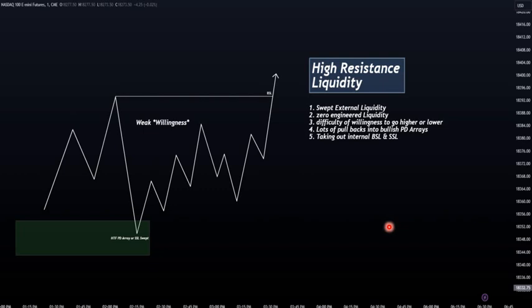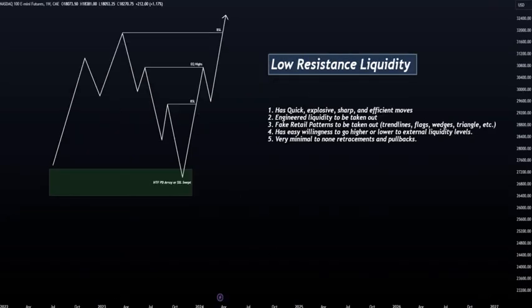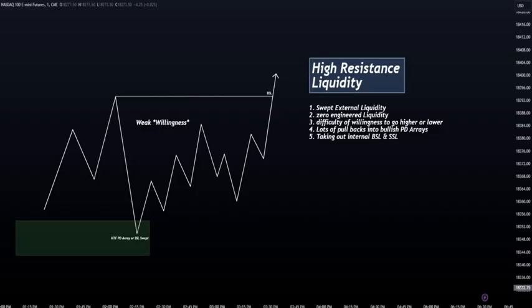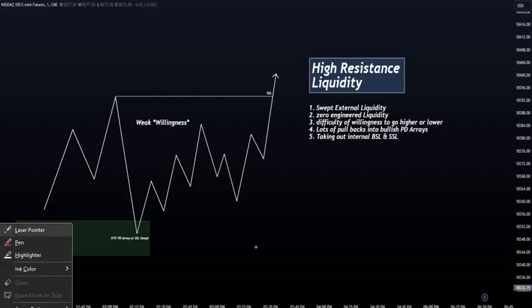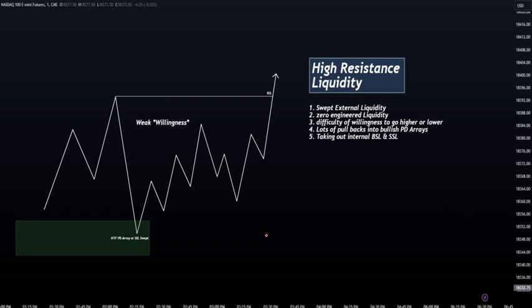Now we've got to go back to the original roots of our mentorship program here. What is engineered liquidity? If we're engineering liquidity, it's going to look something like this. Market's going to come up, and then we're going to come back down, and then we're going to engineer buy side if we are going to be bullish in this scenario.